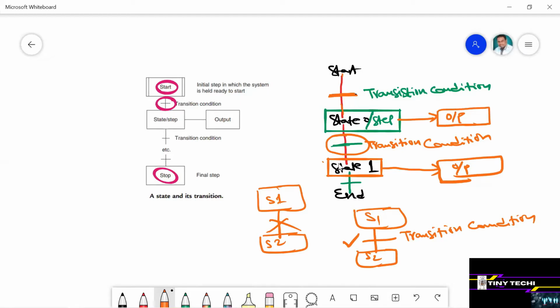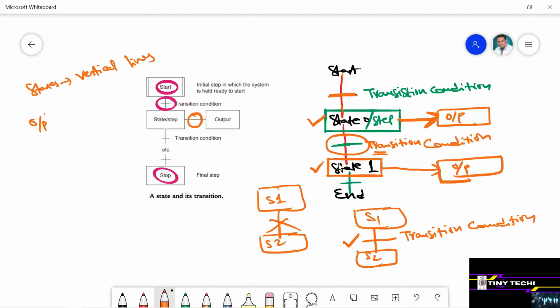Coming to the outputs, how can we connect them? Outputs of any state are linked by a horizontal line. We see here this is linked by the horizontal. Outputs are linked by horizontal lines and states are linked by vertical lines.